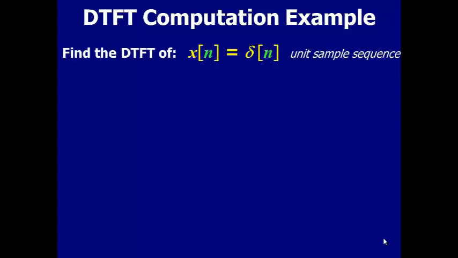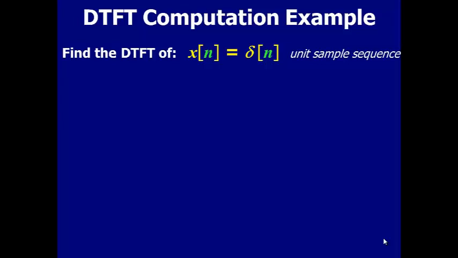So let's do a couple of easy ones. First, impulse. In the continuous time case, the continuous time Fourier transform of a continuous time impulse was a 1. Let's see if we get anything like that in the discrete time domain.